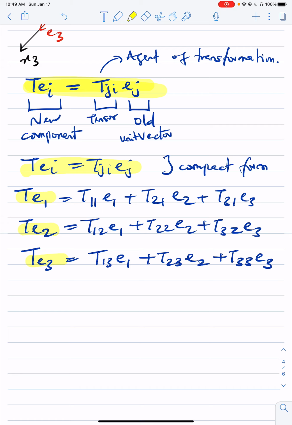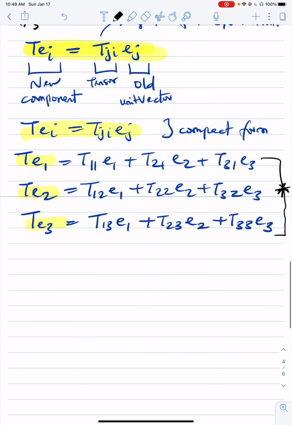Now from these 3 expressions, we can see this. T11 equals E1 dot TE1.